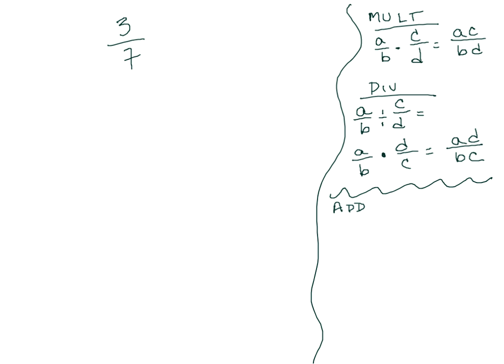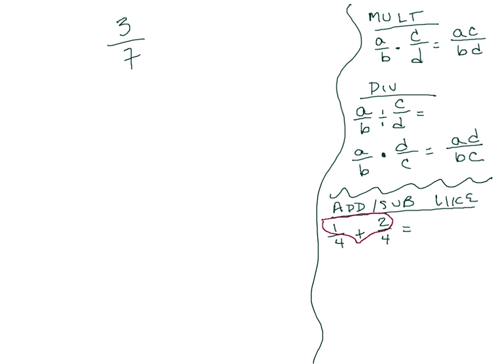Addition and subtraction, if the denominators are like. So 1/4 plus 2/4, you're going to combine the numerators over the common denominator.